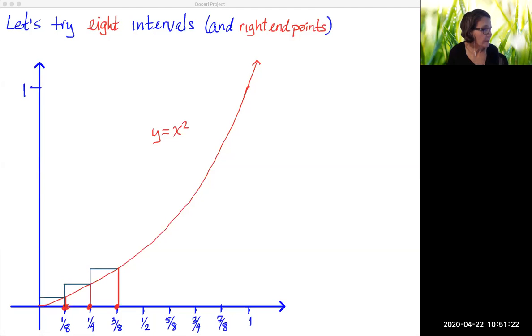At 3/8, I get another one. At x equals 1/2, I get another rectangle. And each of those rectangles, the height is the y-coordinate of the point on the curve, y-coordinate that goes with those x-coordinates.